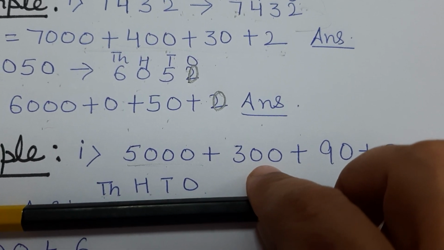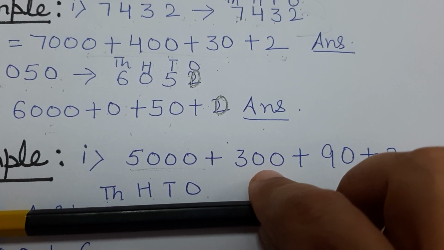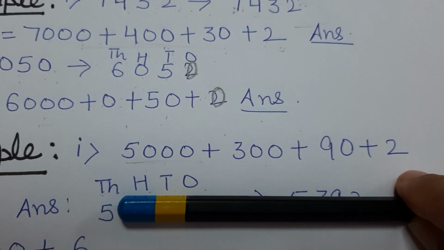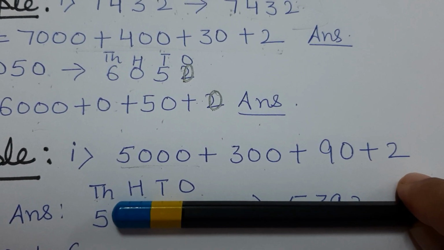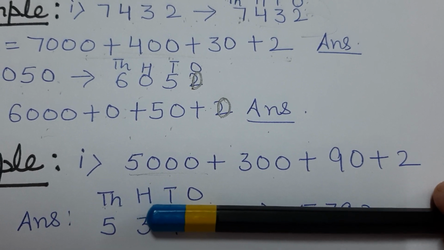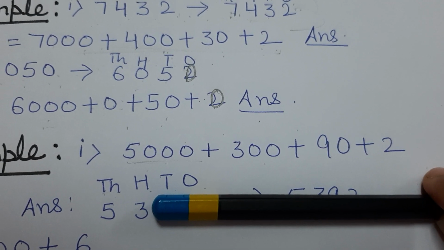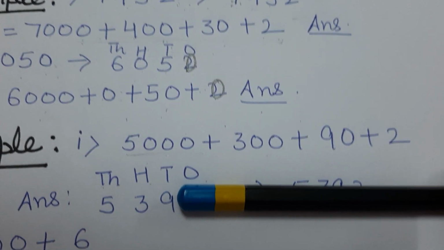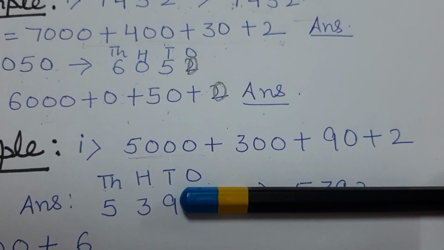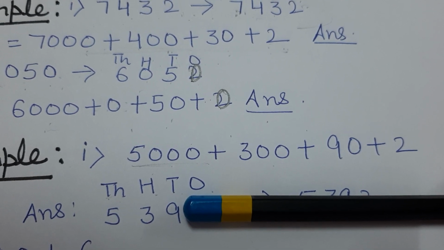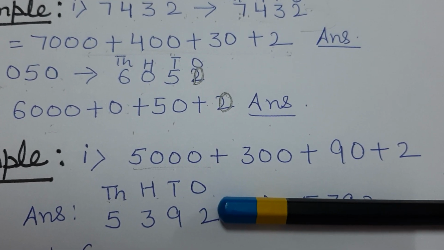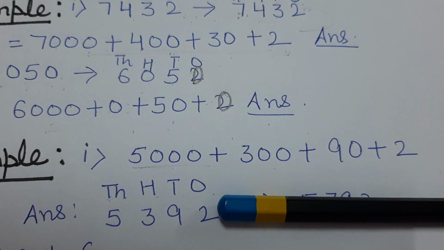Now first is 5000. So under 1000 we will write 5. Next 300. So under 100 we will write 3. Next is 9 tens. So under 10 we will write 9. Next plus 2. So 2 will be under ones.